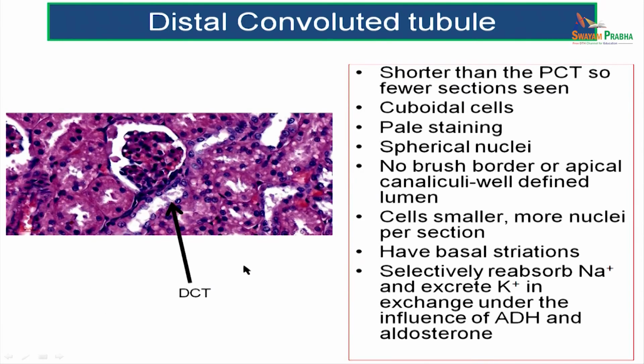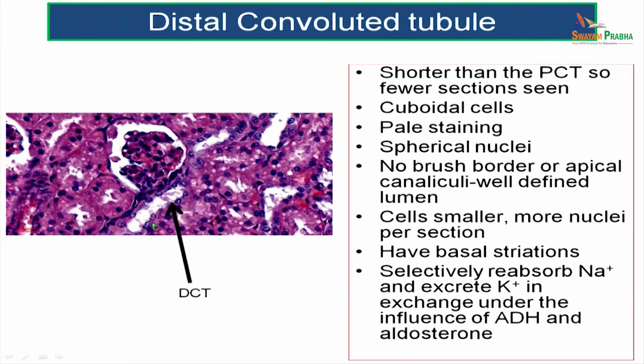We will now look at the structure of a distal convoluted tubule. This is a section through the cortex, a high power view. You can see so many sections of proximal convoluted tubule as compared to distal convoluted tubule. You know the reason why it is like that. So, in the histological section, how to identify distal convoluted tubule?